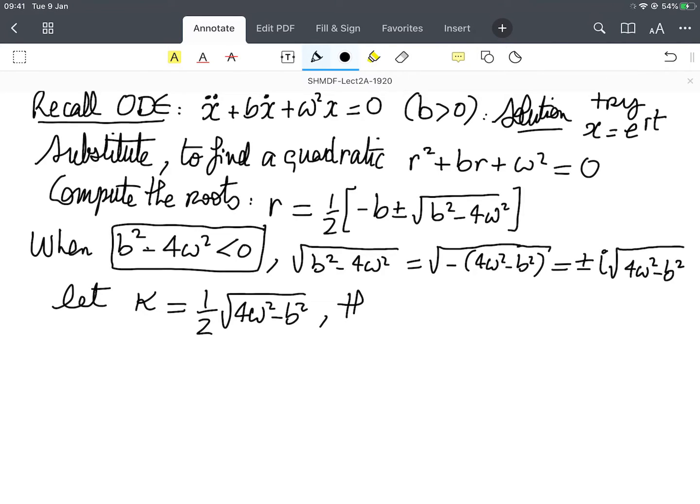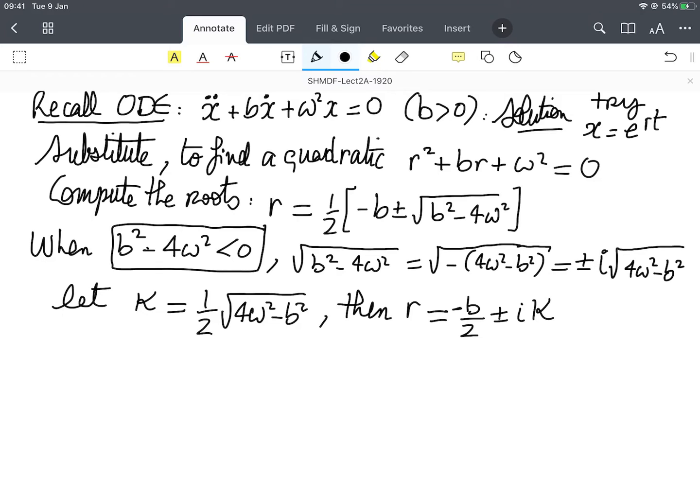Then I can write the roots as follows: minus b over 2 plus or minus i kappa. Right, that's the same as above.